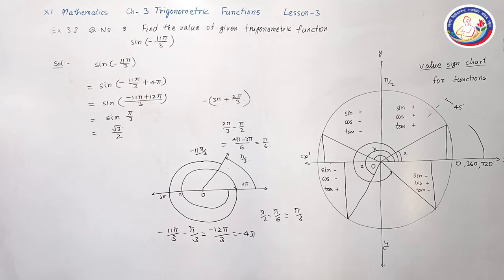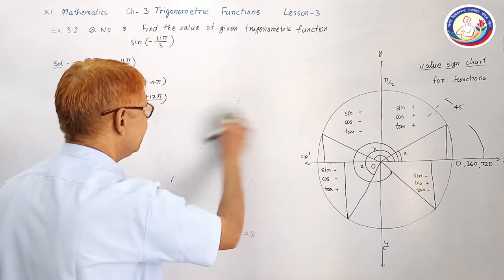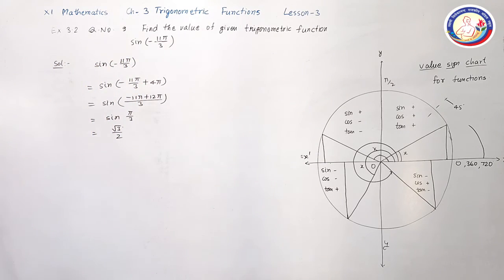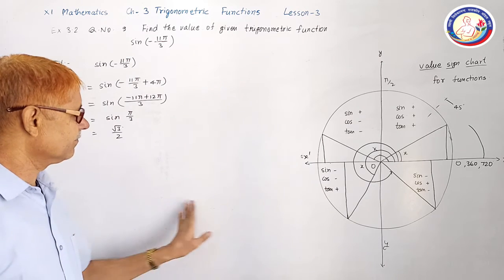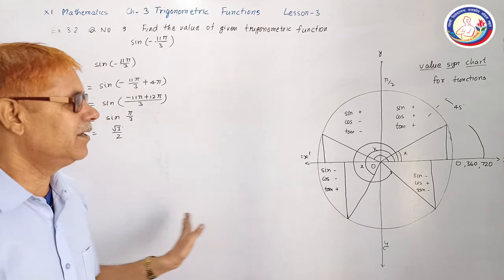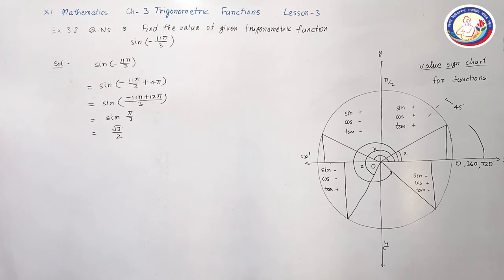So what is the procedure or outcome of this discussion? First of all, change the given angle into a positive angle, whatever may be the angle. You can add 2 pi or 4 pi or 6 pi or 8 pi, a multiple of 2 pi, and you will get the positive value. Then decide in which quadrant it is lying.